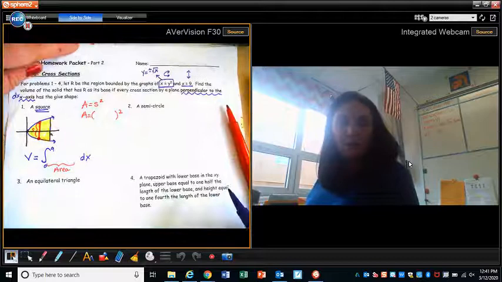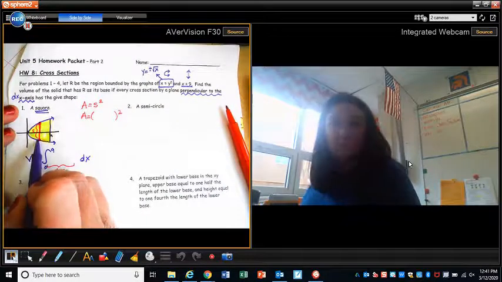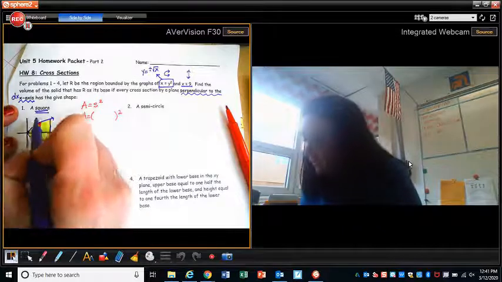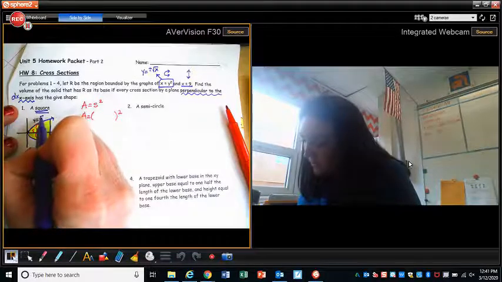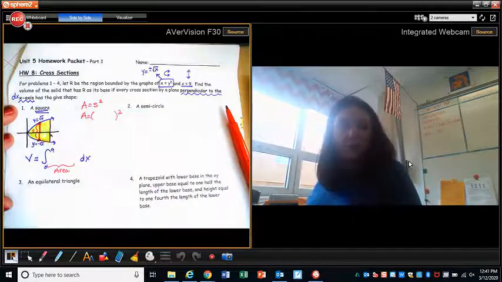That's the same thing. And so if I'm talking about top minus bottom to find my side, I know that the top of this equation is the square root of x, and the bottom of this equation is negative the square root of x.